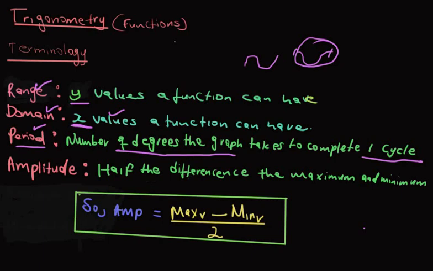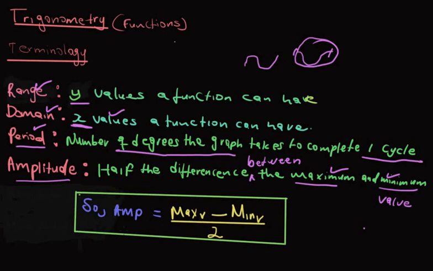So with the amplitude, amplitude is just half of the difference between the maximum and the minimum value. So halfway between the maximum and the minimum value, it's what we term as an amplitude.